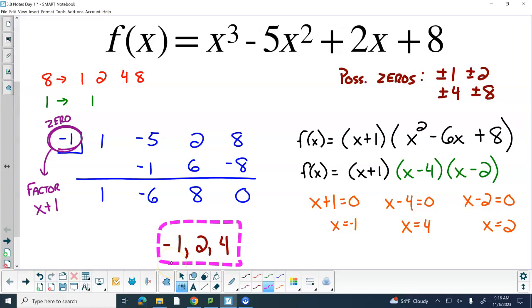Now, if you would have found 2 or 4 as your first 0 when we were synthetically dividing, your path would be a little different, but it would come back at the same spot at the very end.